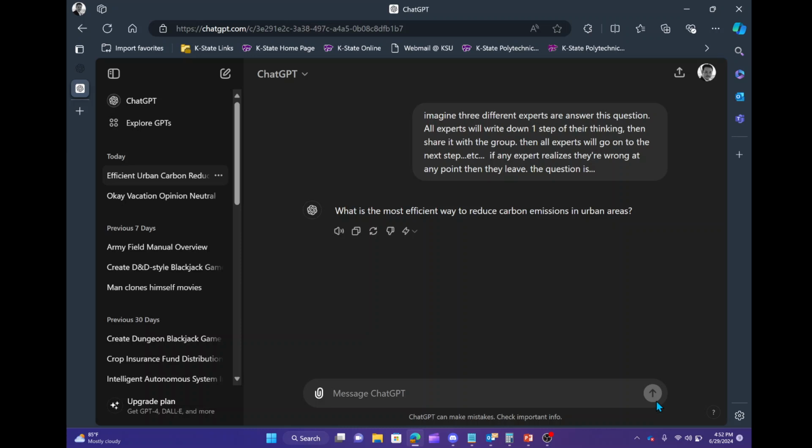Now the reality is that it could have said, what is the most efficient way to drive a car, what's the most efficient way to fly an airplane, right? Based on what we just provided it, any one of those would have been legitimate.